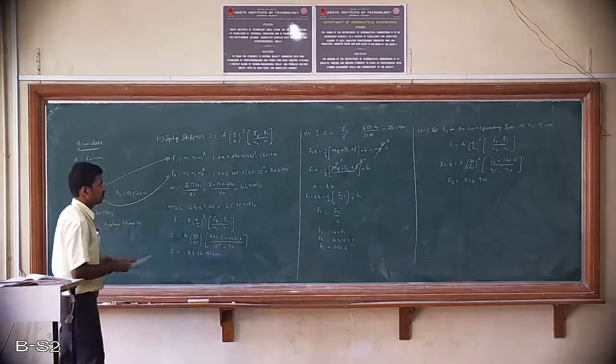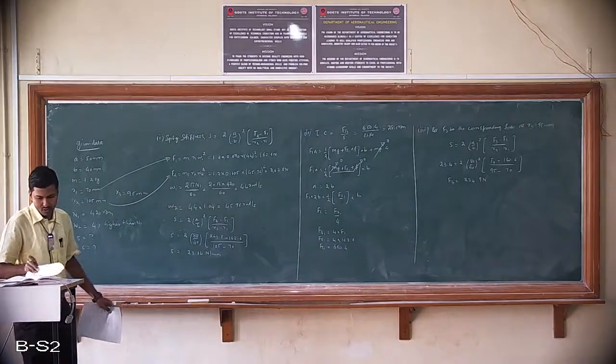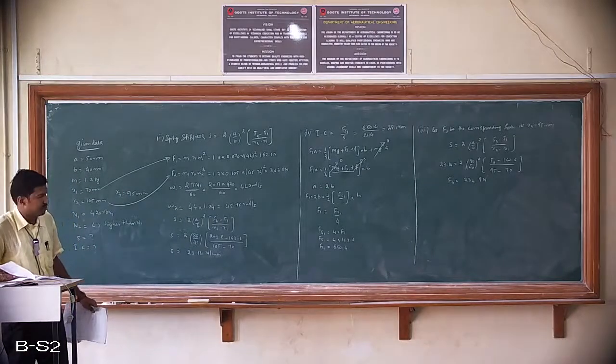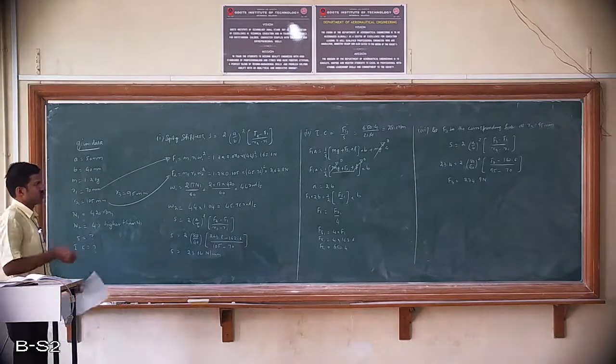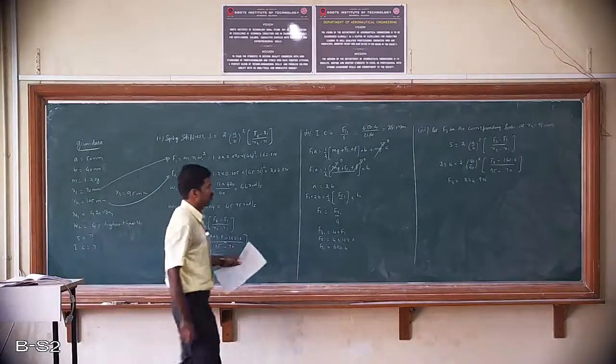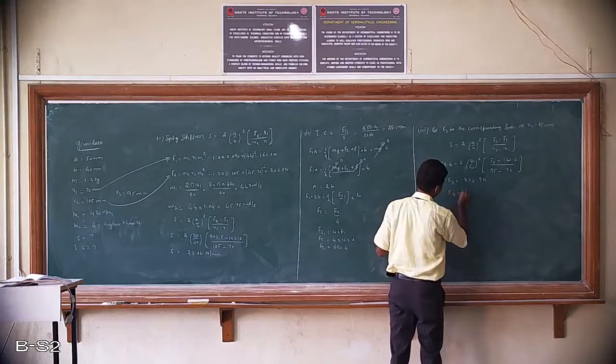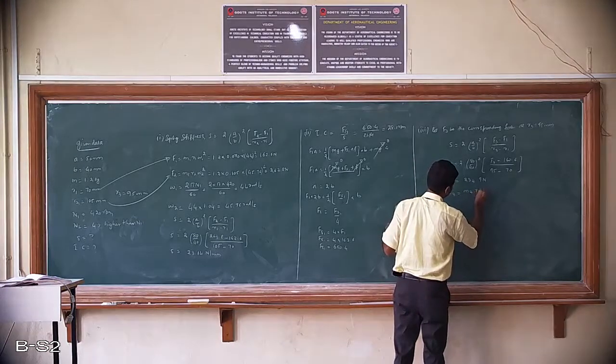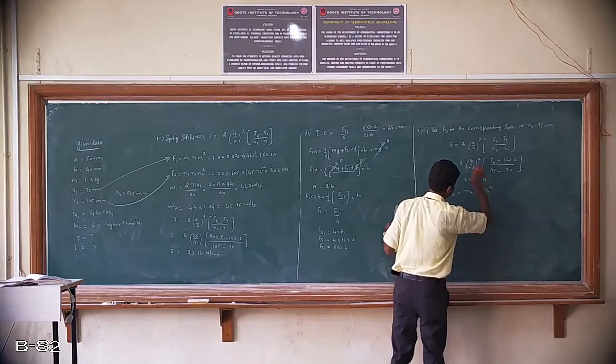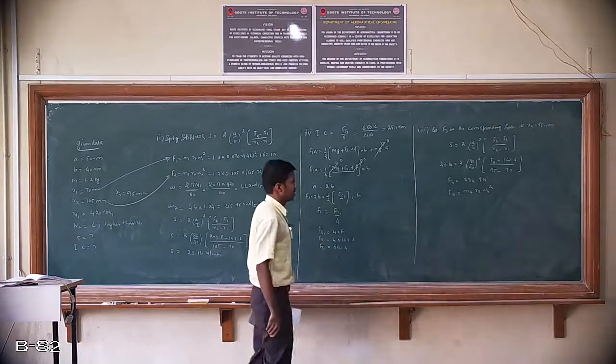So once you know the value for F3, what is asked in the problem statement? Equilibrium speed they have asked. So once you know the value of F, you can find out the value of N. How to get it? F3 is equal to M3 R3 into omega 3 square. So that will be the governing equation.